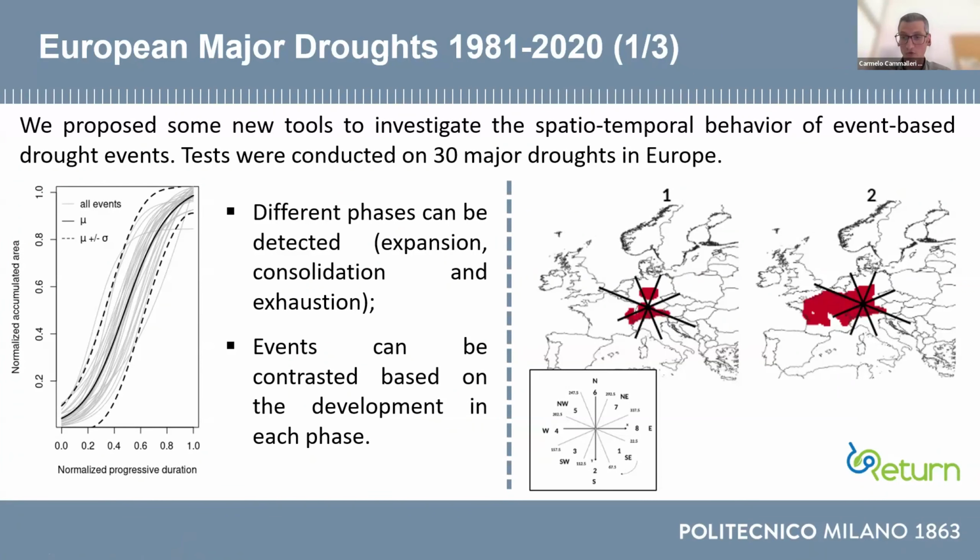So you can see here how for a specific event, we have two different time steps. We can see how the drought was interesting in this area in the first step, and then was interesting in this second area at the second step. And by dividing the space into different quadrants, we can see in which direction it's expanding more rapidly.